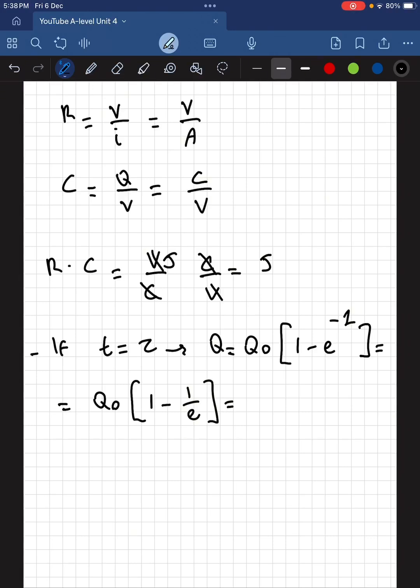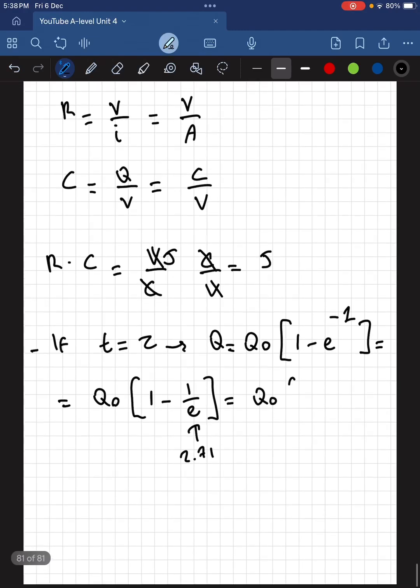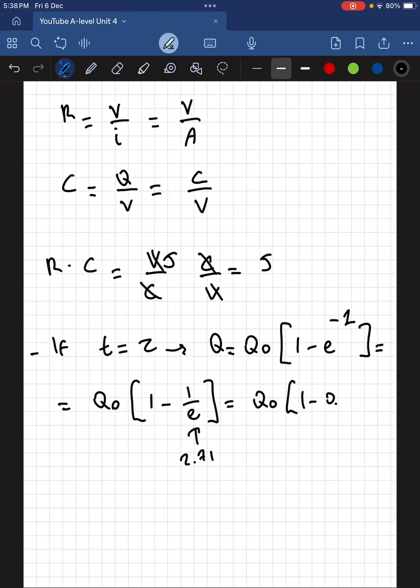Then 1 over e is 0.37, and recall that e is 2.71. So we get 1 minus 0.37, so we get 0.63 q naught, okay?